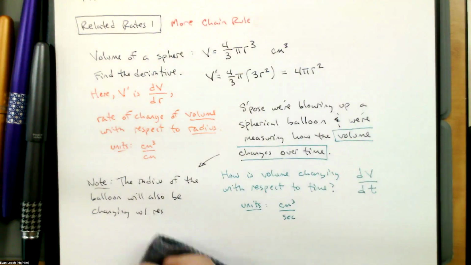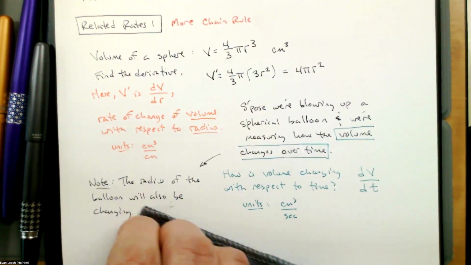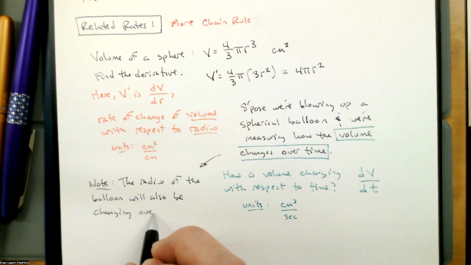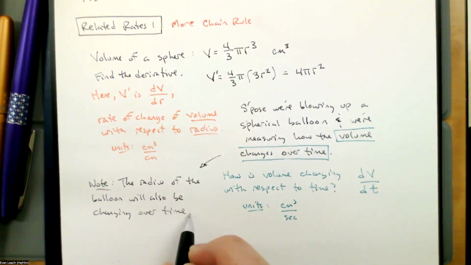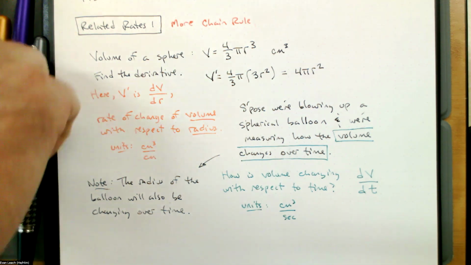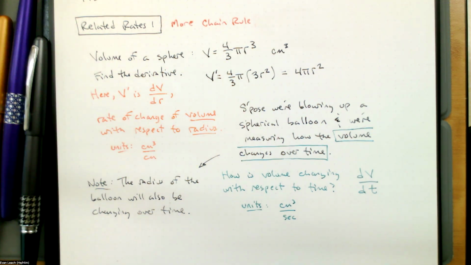Say over time. The radius of the balloon will also be changing over time. Radius can be measured in centimeters, and we should use the same time for both of them.